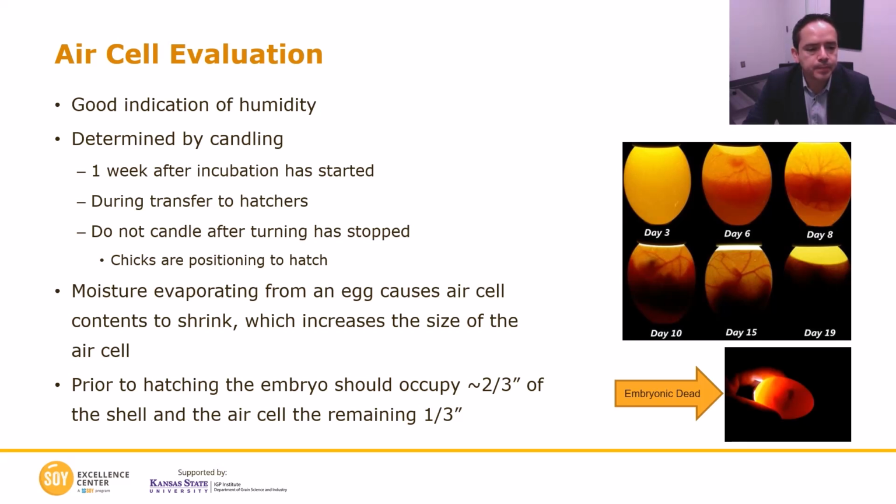And moisture evaporation from an egg causes air cell contents to shrink, as you can see again in the picture on your right, which increases the size of the air cell. Prior to hatching, the embryo should occupy 2/3 of the shell, and the air cell should occupy the remaining 1/3.